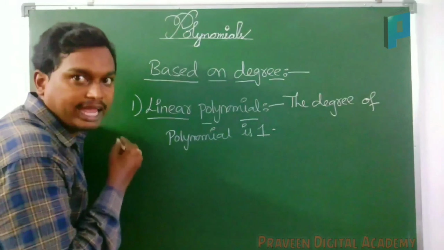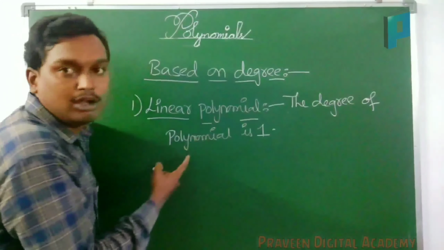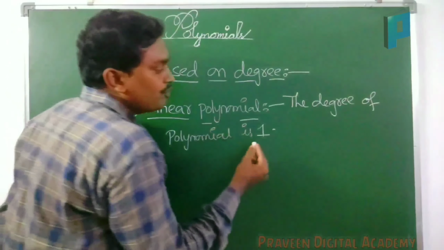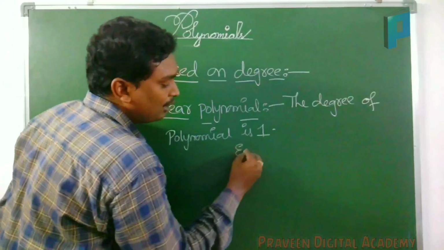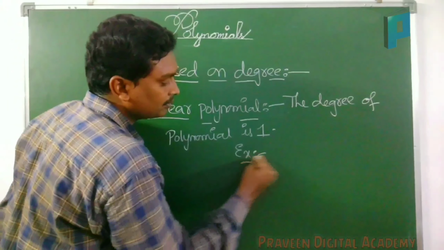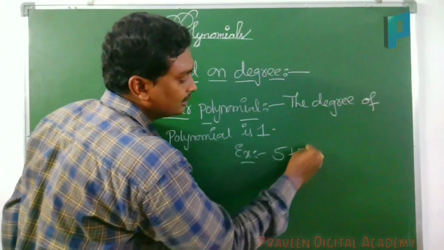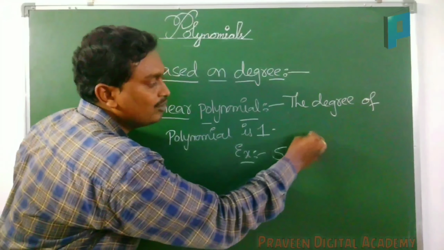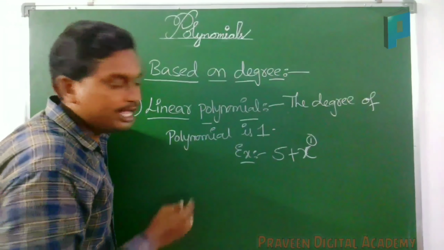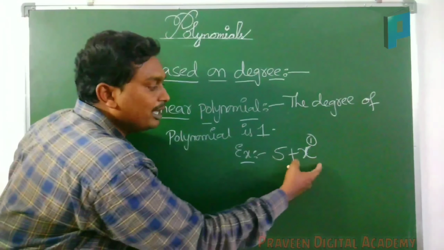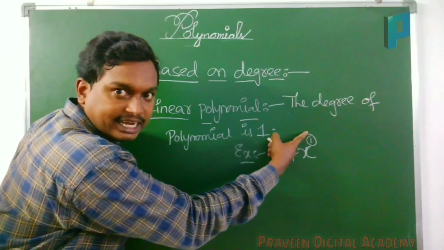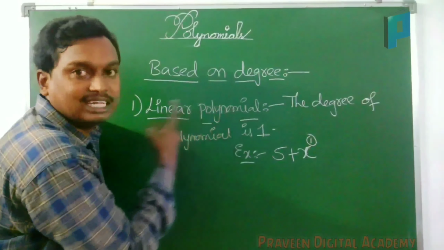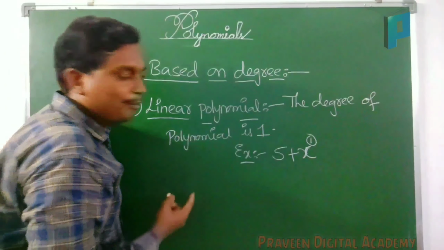Let me give an example of linear polynomial. If you have an example like 5 plus x, what is the power of x here? If you are not having anything, we will take it as 1. Here, the polynomial whose highest degree is 1 is called a linear polynomial.